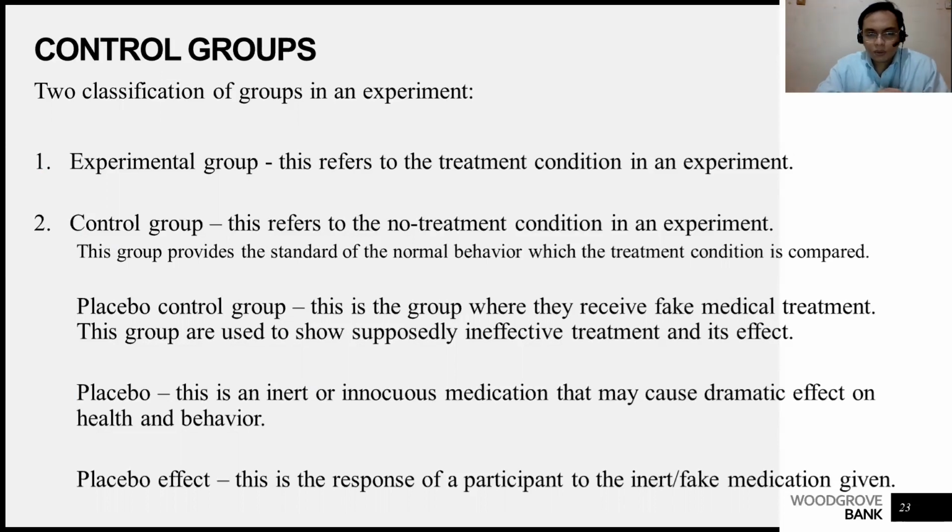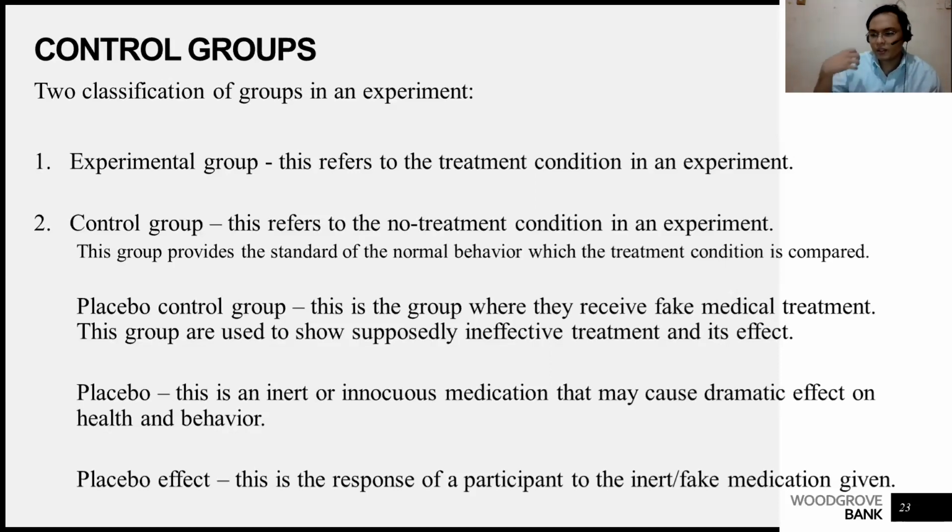The placebo control group is a group where they receive fake medical treatment, and this group is supposedly tested to show the ineffectiveness of the treatment, or it can also show that it can produce a psychological effect.